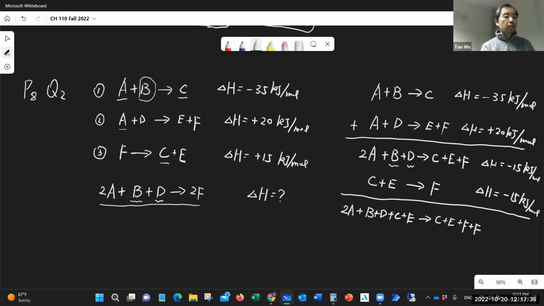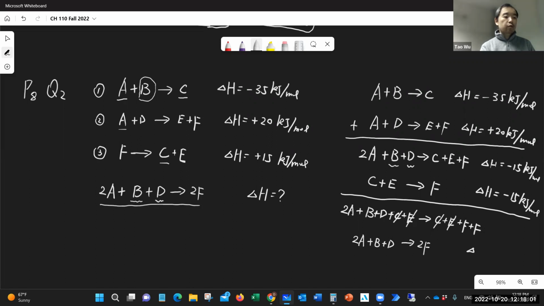Okay, so now you see, if you look over here, there are some common things on both sides. C and C can be canceled. E and E can be canceled. So the leftover is just 2A plus B plus D to form 2F.